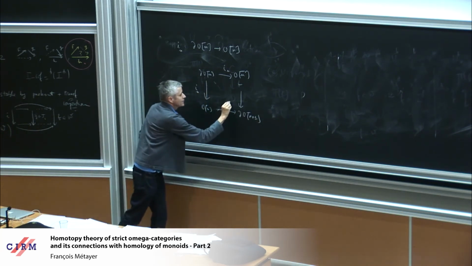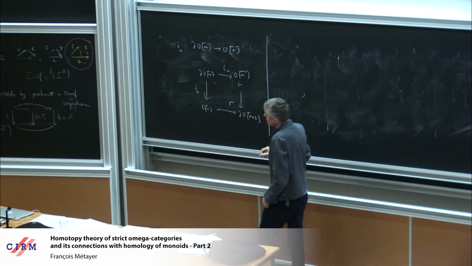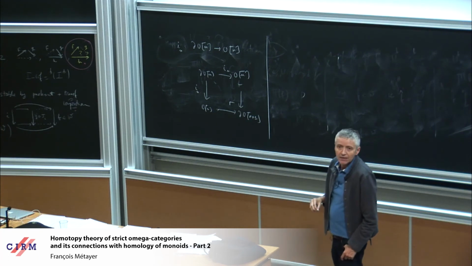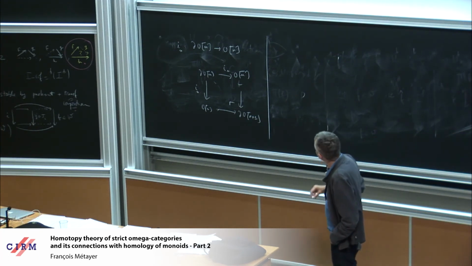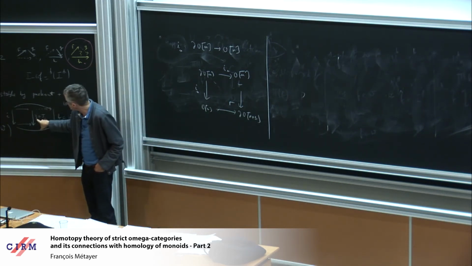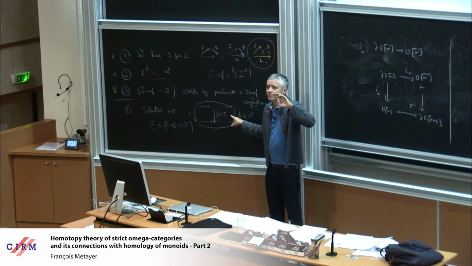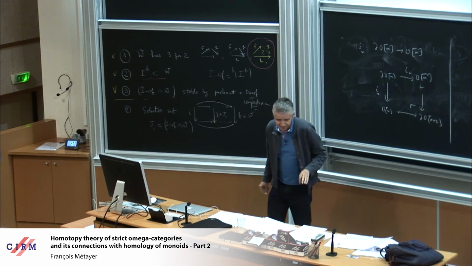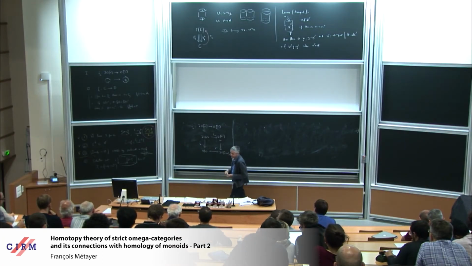So that's a push-out. Okay. So how are you going to build this J here? Again, in this case, J I is simply one map. It's a single map.